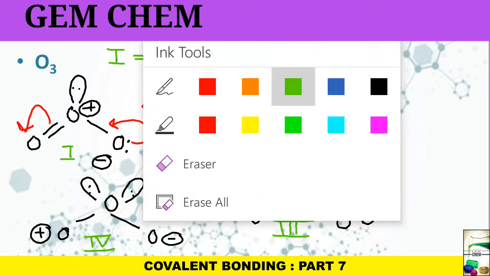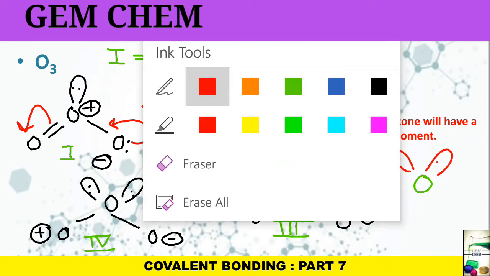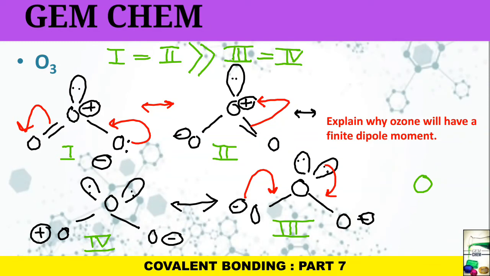Now if someone asks you to explain why ozone has a finite dipole moment, this can be explained by drawing an average structure of ozone. This will have 2 lone pairs, but since we are drawing an average structure, 1 lone pair will be considered.